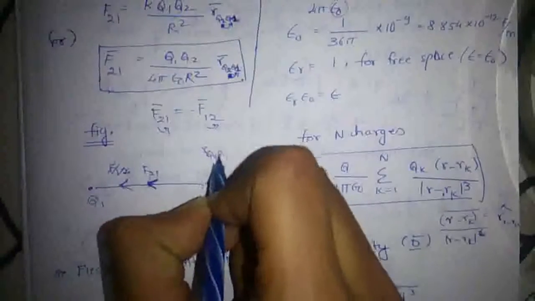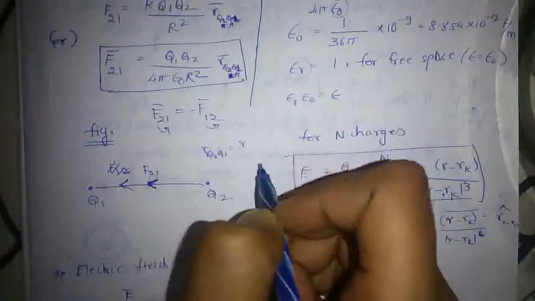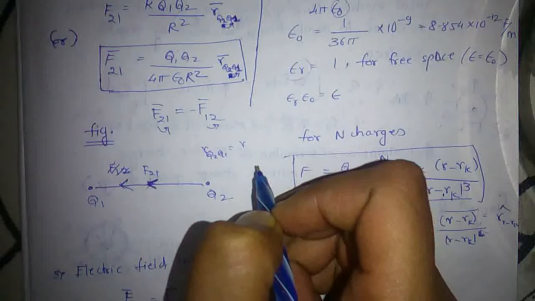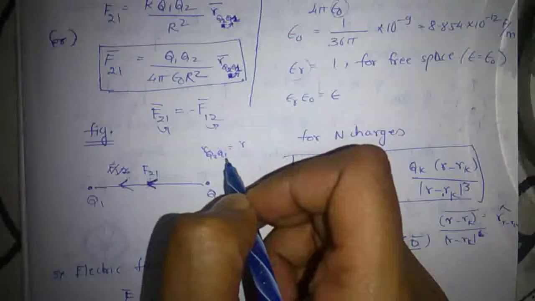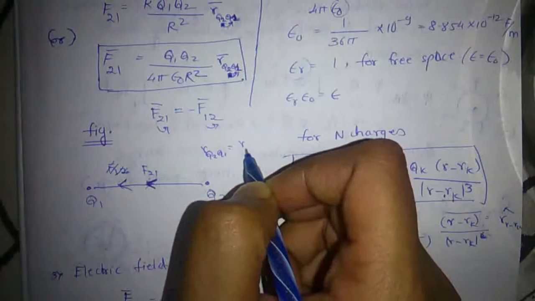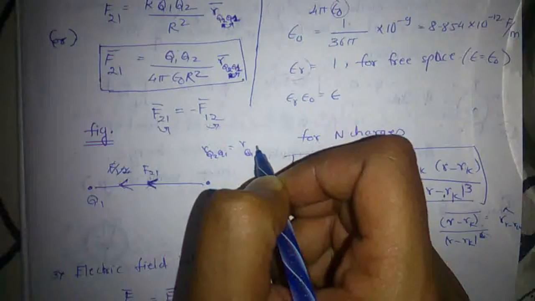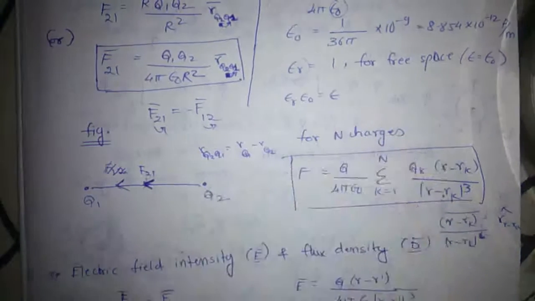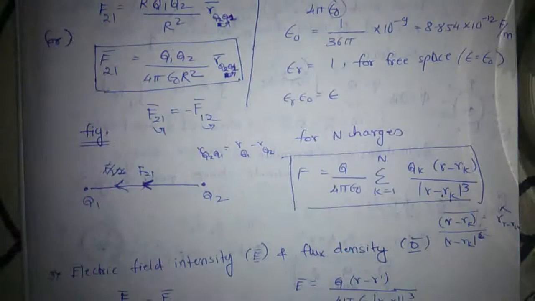So this is nothing but our Q2, Q1 is nothing but the direction vector from RQ1 to Q2. Oops, I think I made a mistake. Previously, it was written correctly.